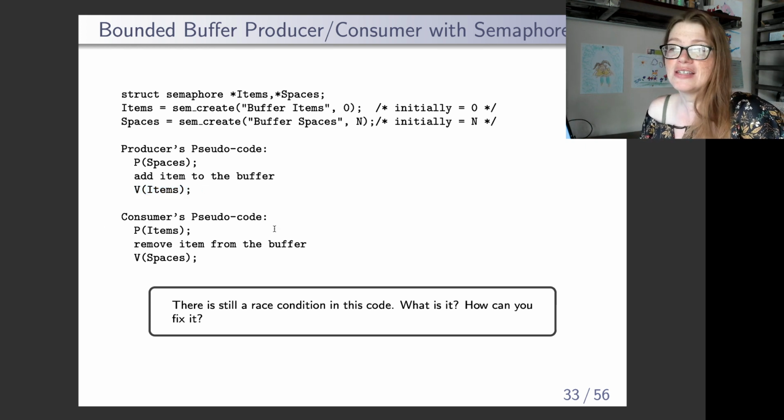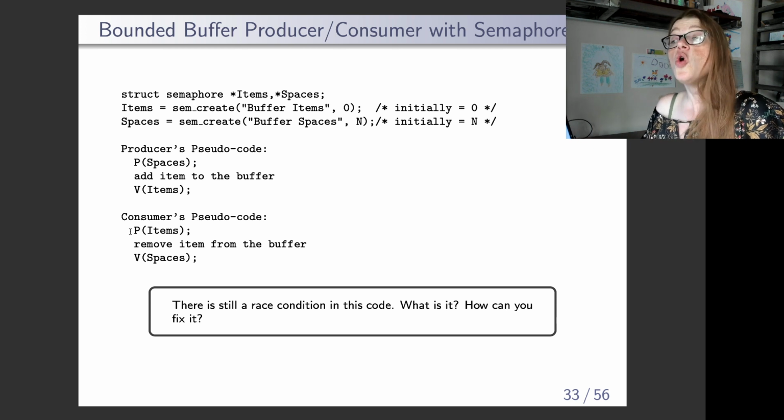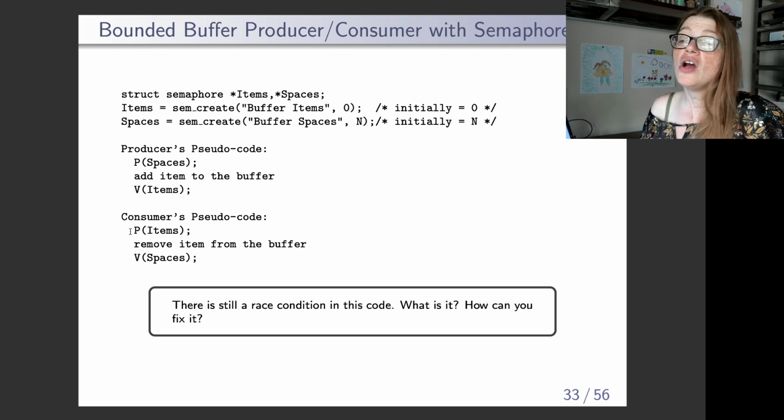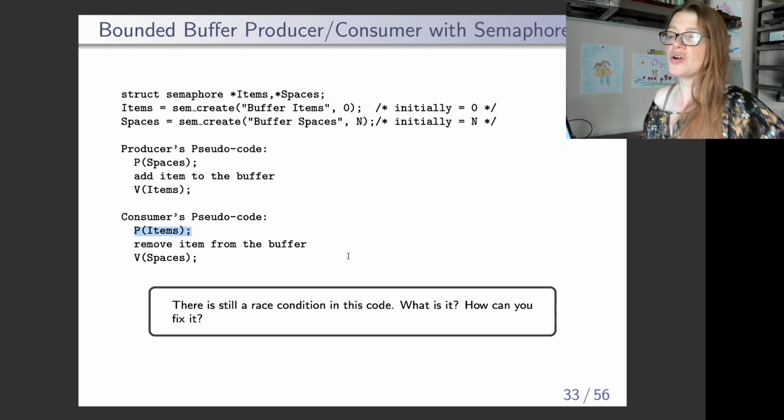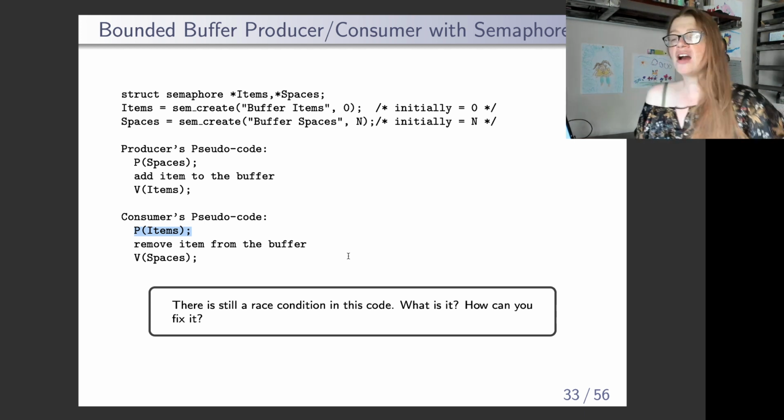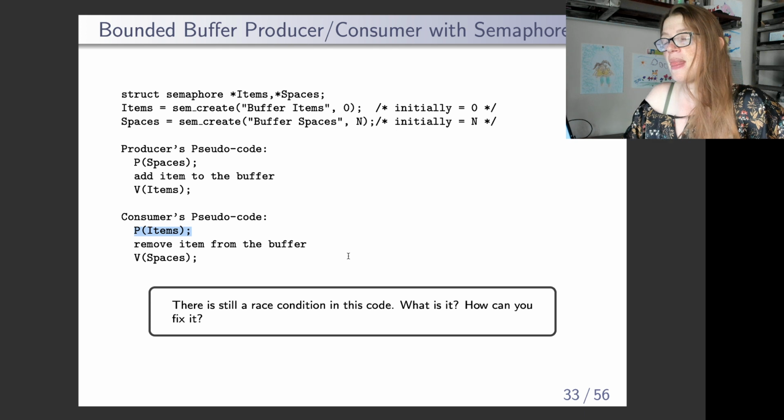And then if you look at the consumer, when the consumer wants to take an item out of the buffer, which would remove something from the buffer to create a space, we P items and then we V spaces. That's going to make sure that the producers and consumers are synchronized in that sense.